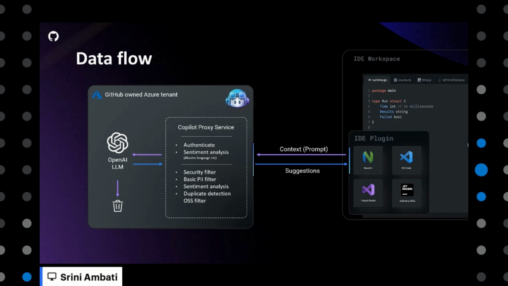Once that is available, we do some additional analysis to make sure the response is valid, and we also do duplicate detection and apply any policies that you may have, and then provide the suggestions to the IDE where you see the output. So this is how it works. It's very simple. Most of the time, this is what you might already be doing when you use open source tools or even ChatGPT. But here we do a lot of groundwork to make sure that you securely use large language models for your benefit.